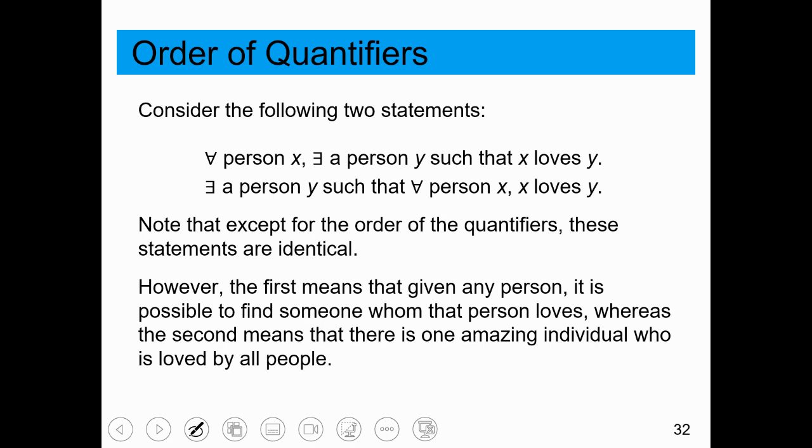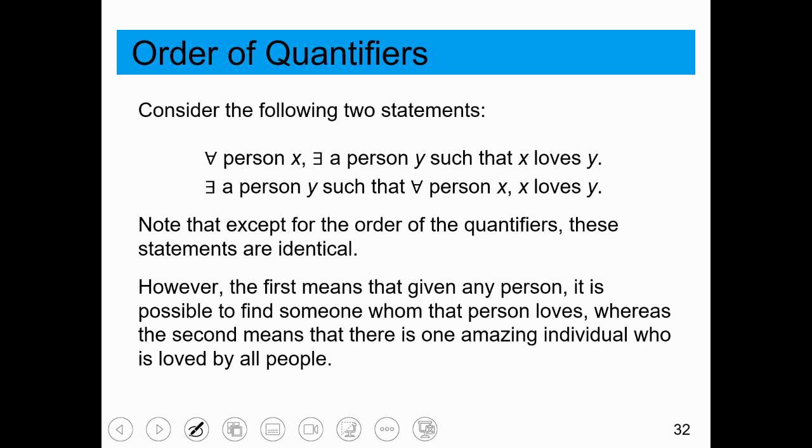All right, order of quantifiers. Consider the following two statements. For every person X, there exists a person Y such that X loves Y. And there exists a person Y such that for every person X, X loves Y. Think through that for a minute. Note that except for the order of the quantifiers, these statements are identical.